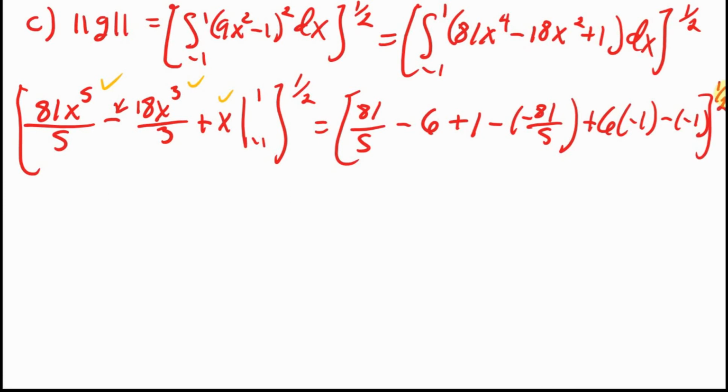So we keep on simplifying there. We get the 81 plus the 81, so that gives us 162 over 5. And then we get minus 6 plus 1, that gives us minus 5, and then over here minus 5, so that's minus 10.